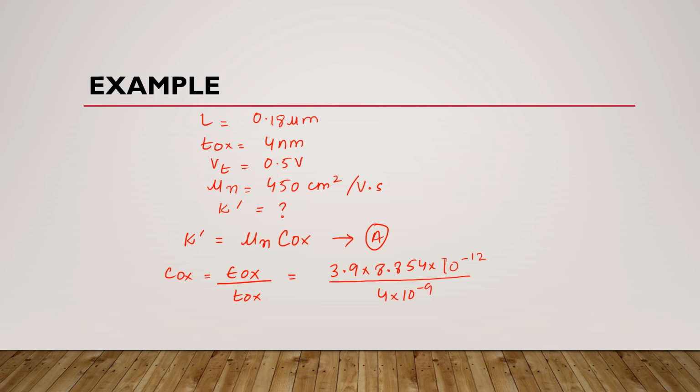After solving this, you will get capacitance of oxide layer, which is 8.6 into 10 raised to the power minus 3 farad per meter square.